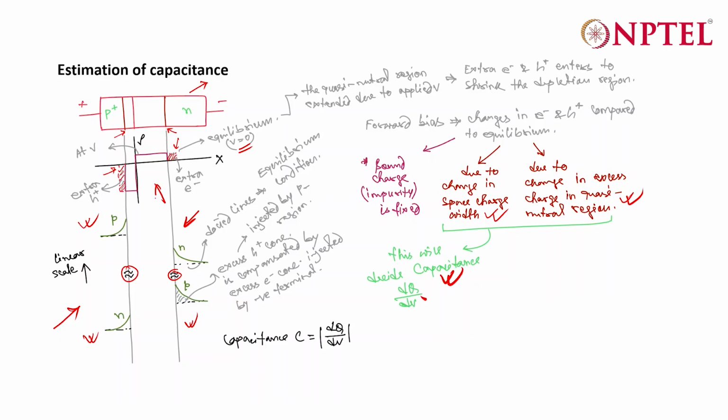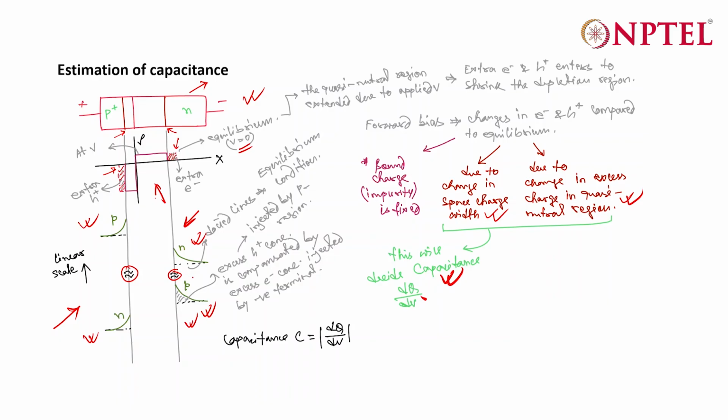Now, if you look at the quasi-neutral region, you will find that the extra hole concentration is compensated by the extra electron concentration injected by the negative terminal in the negative side. Okay. So these are the concentration plots for electrons and holes on both sides.